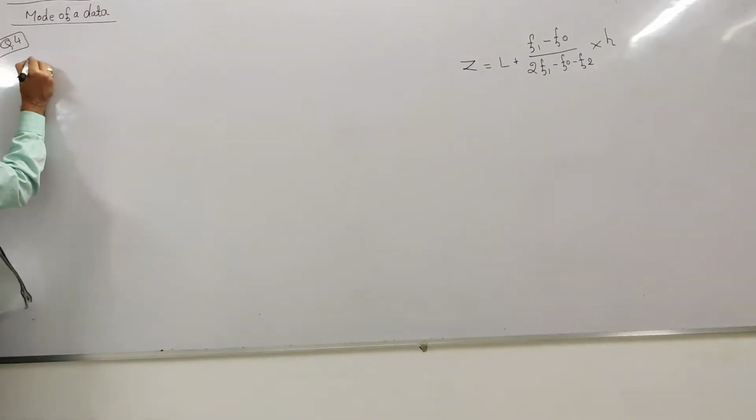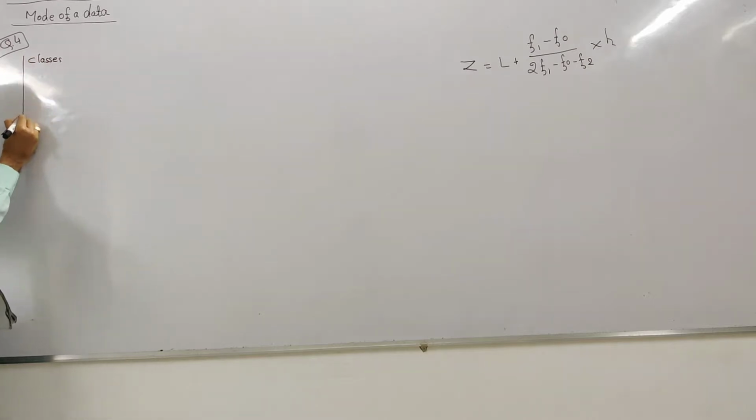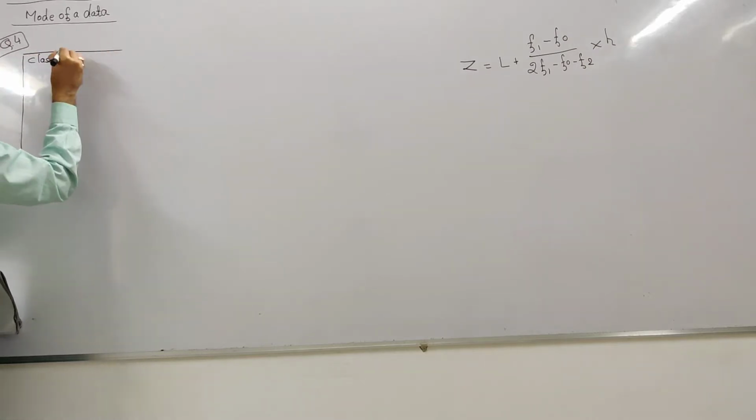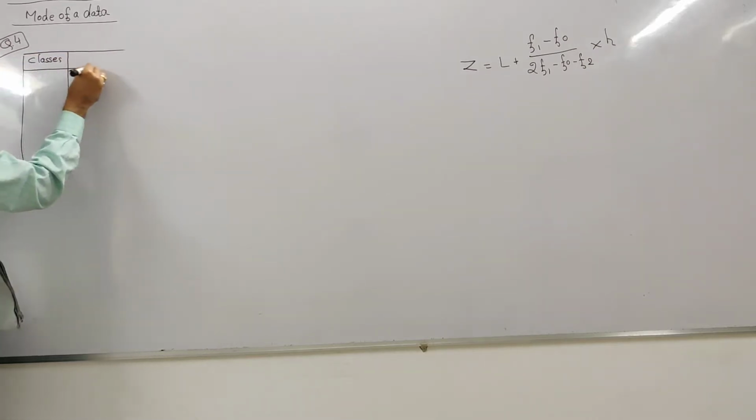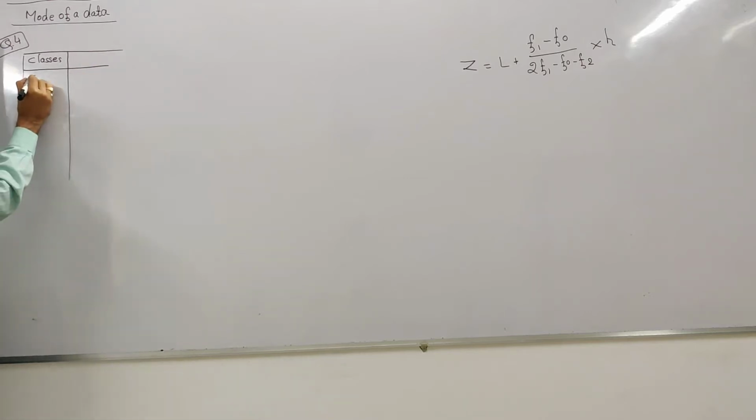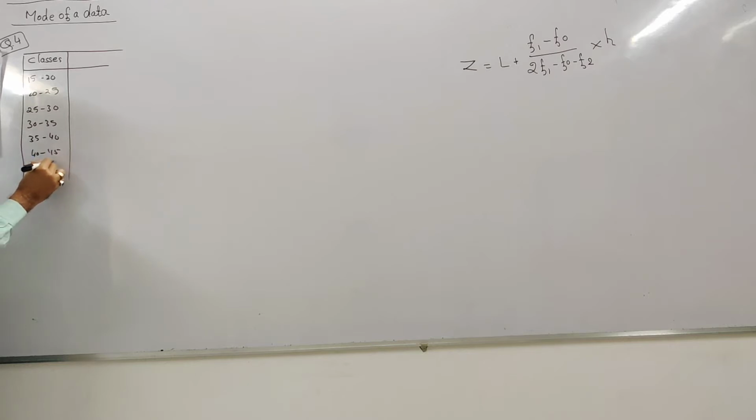Classes are given to you: 15 to 20, 20 to 25, 25 to 30, 30 to 35, 35 to 40, 40 to 45, 45 to 50 and 50 to 55.